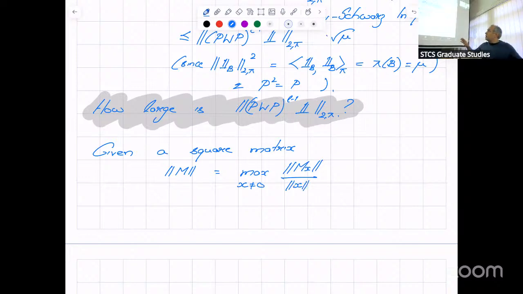Notice for a square matrix, this is the largest eigenvalue. This is not the Rayleigh coefficient, which is x transpose Mx over x transpose x, but it is also the largest eigenvalue.